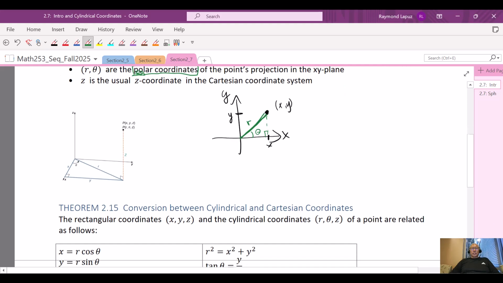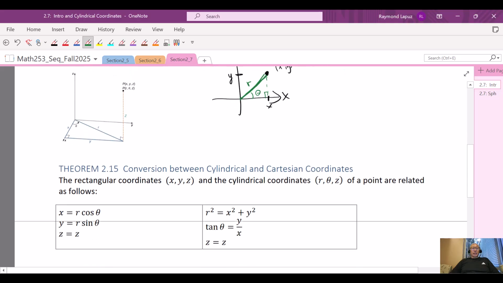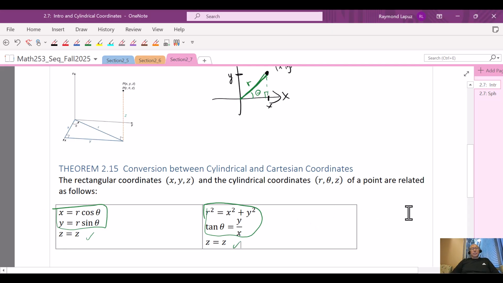Okay, so the conversions you would see are exactly the same. These two equations and these two equations come directly from our polar coordinate transformations, and then now you just have z is equal to z, which is just the same z value. So that's why they didn't even bother changing that variable.